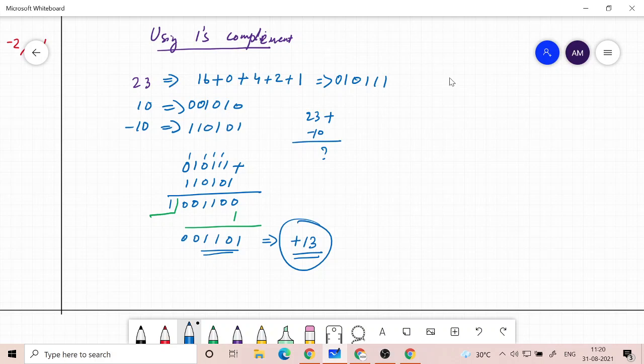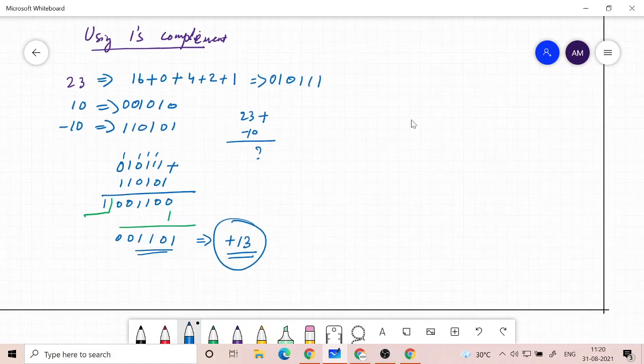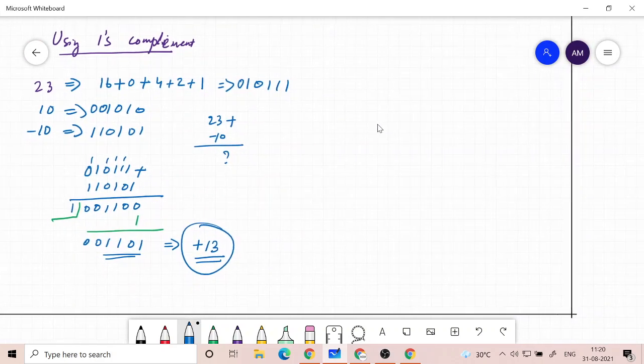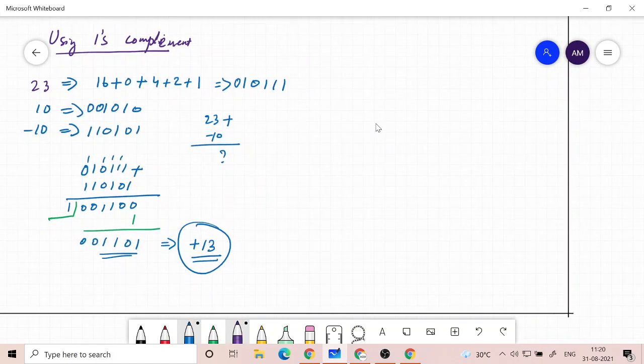Okay. So the same thing you can do with 2's complement. Using 2's complement, all you need to do is take the 2's complement of 10. I have the first number, which is 23.